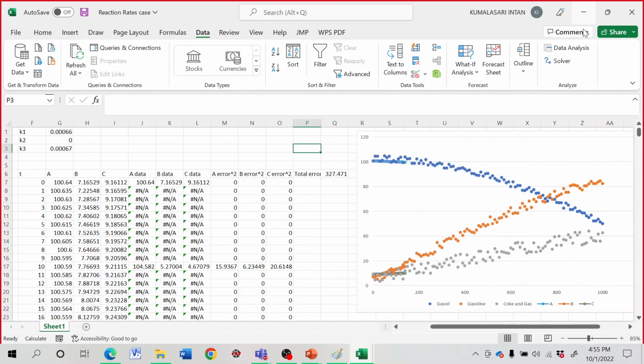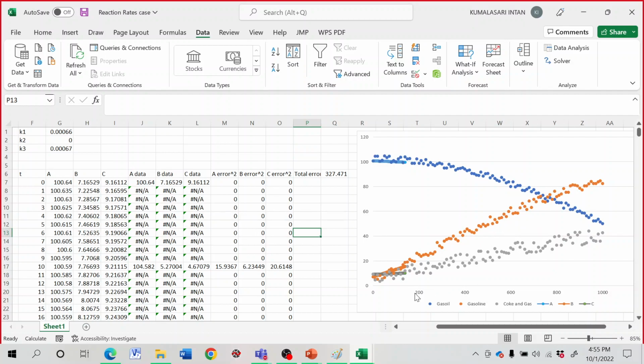Where is that thing? See, so now you can see in the first trial the blue tries to match with that, and then the orange is trying to match with that, and then the gray is trying to match with that. So this is the first trial.